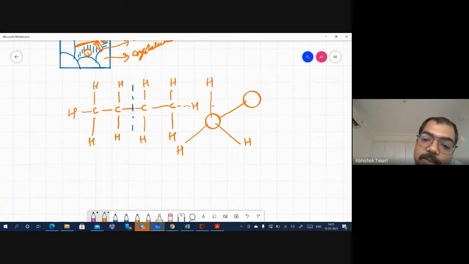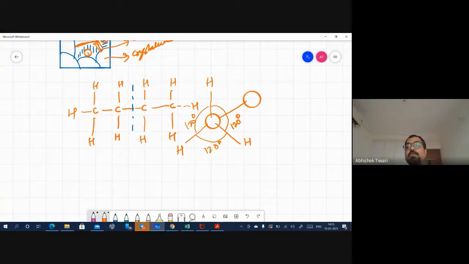So this angle will be 120 degrees, right? And this angle also will be 120 degrees, and this will also be 120 degrees. So they are separated by 120 degrees, and you see it is a structure in 3 dimensions, right?